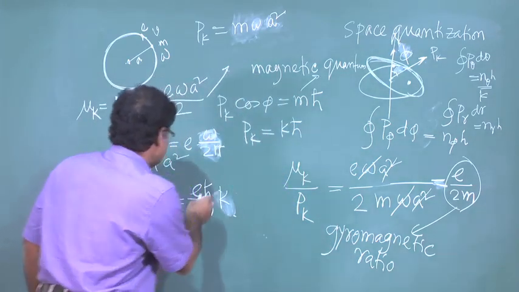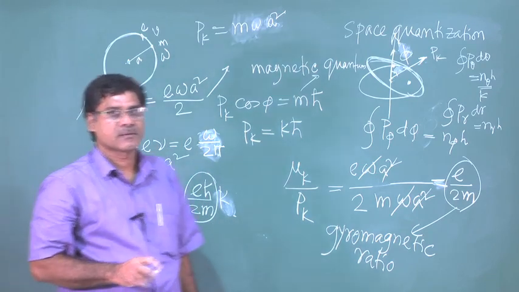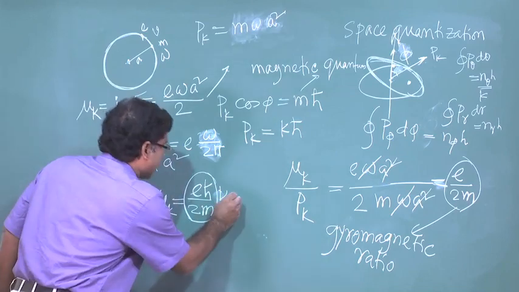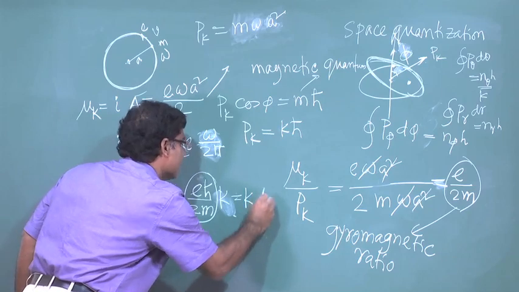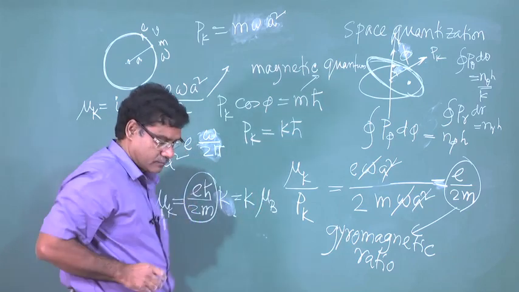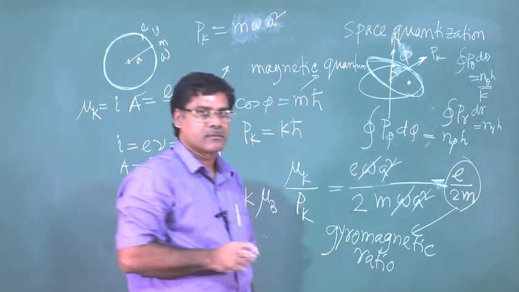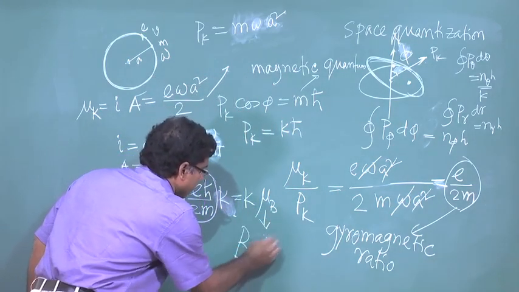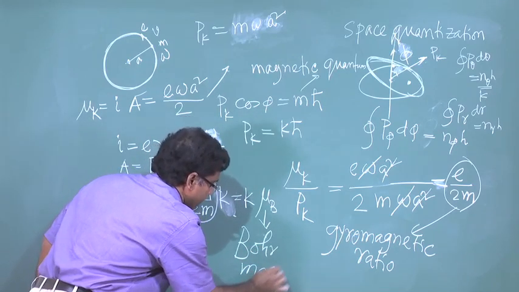Again you can see this is constant, and if I write k into this constant, it is mu B. So mu B is called the Bohr magneton.